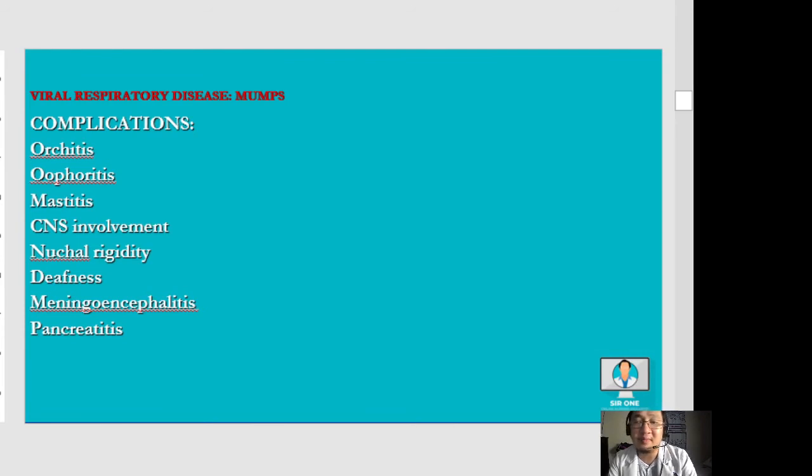Then there is mastitis, and CNS involvement, so it reaches the brain. Then nuchal rigidity, deafness, encephalitis, and pancreatitis. Although encephalitis has a higher incidence in children, it is rare in occurrence.